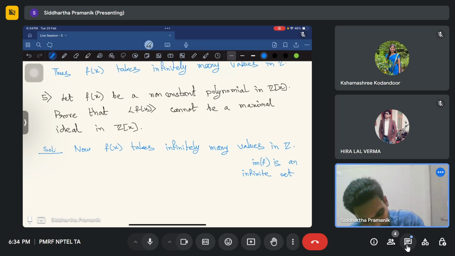Right? So that means there must exist an element in the image which is not equal to -1, 0 and +1.